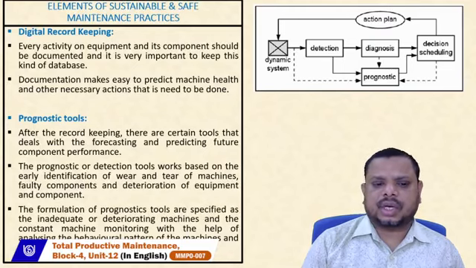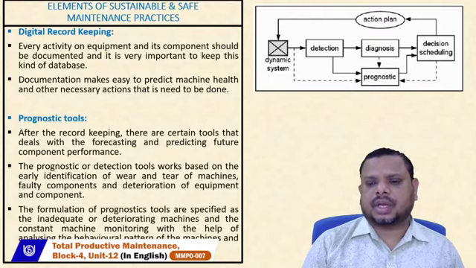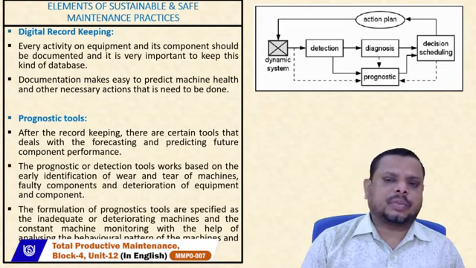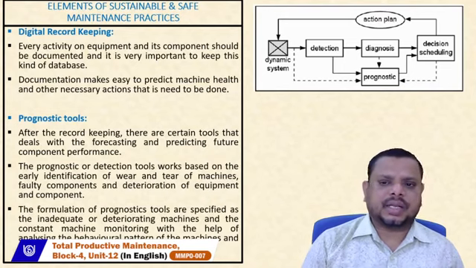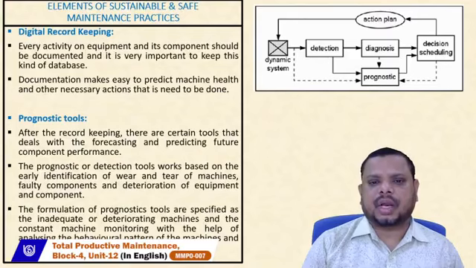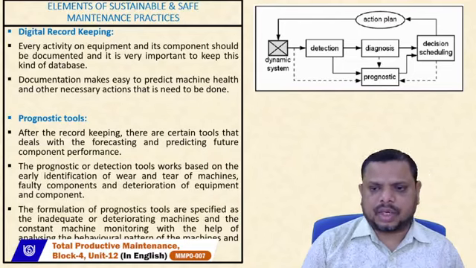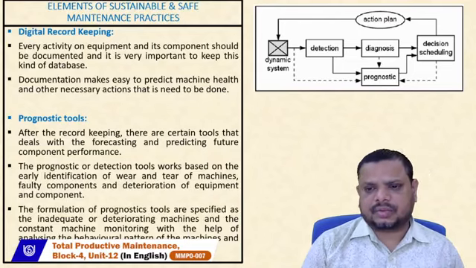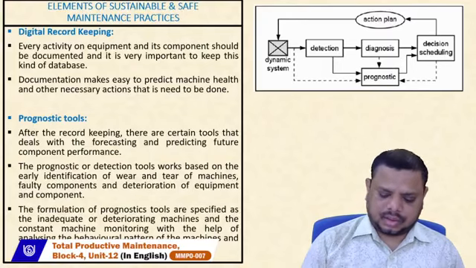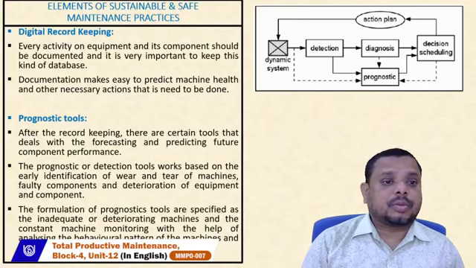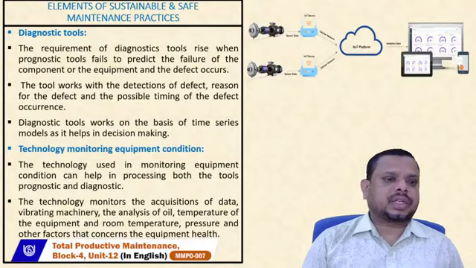The function of this identification tool is early identification of any kind of wear and tears, and then providing the decision schedule. Depending upon the decision schedule, the maintenance team makes the action plan for the specific dynamic systems. So this is all about the prognostics tools, which are used commonly in various industries, especially integrated organizations like steel plants. Moving to the next one, the next one is diagnostic tools.